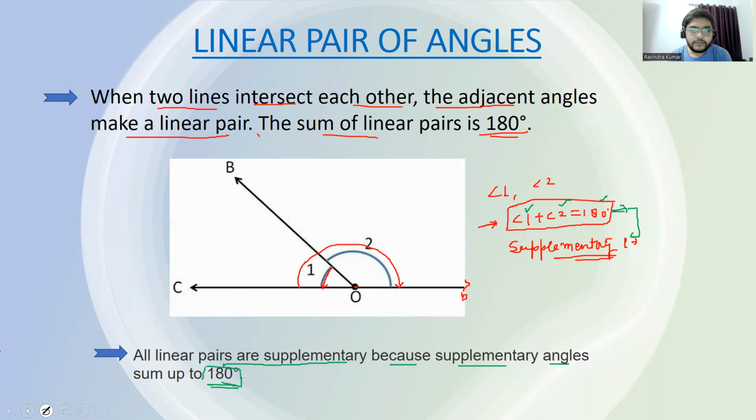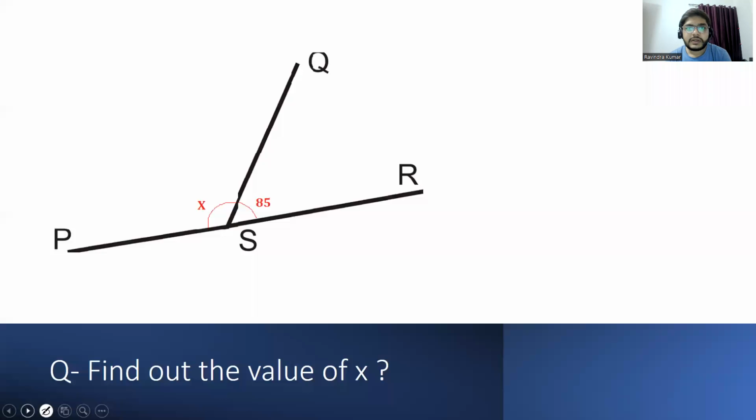Great. Now let's move to the next one, which is a question. You have to find the value of x. In this figure, there is a line PQ and another one, ray QS. It is intersecting at point S, and here two angles are formed. The value of one is 85, and the other one is x. So we have to find the value of x.